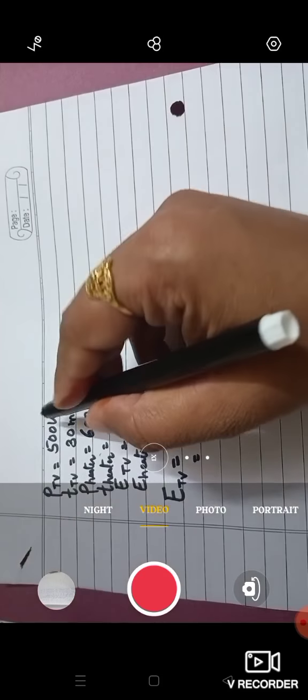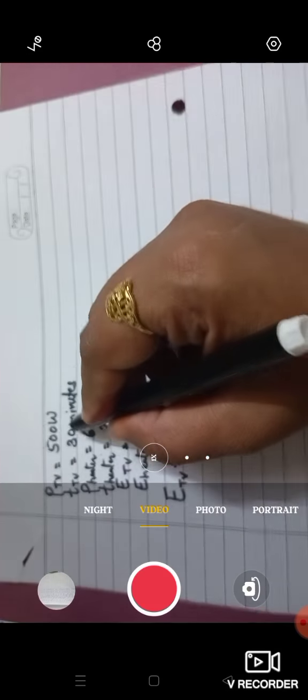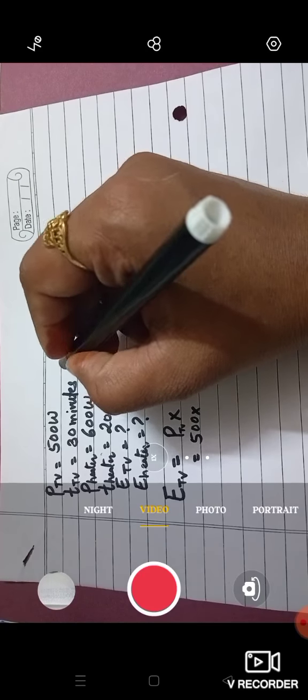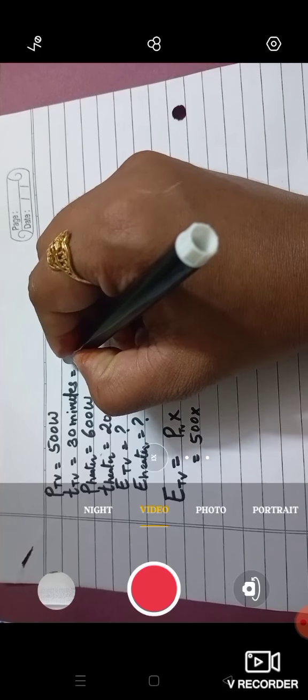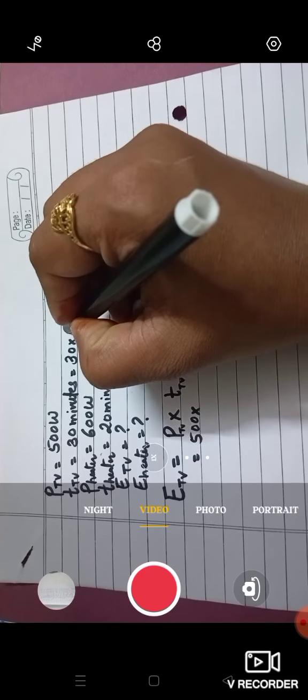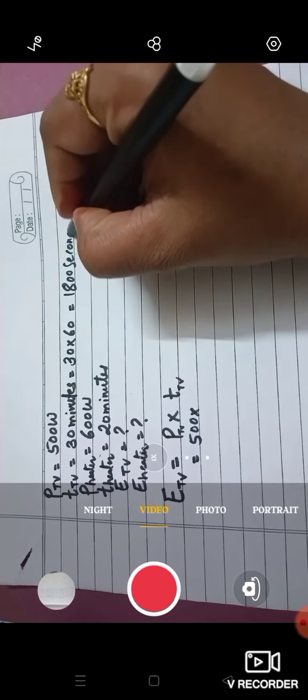Students, the SI unit of power is watt, so we will convert the time of 30 minutes into the SI unit. The SI unit of time is second, so to convert it into seconds I will multiply by 60. So it will be 1800 seconds.